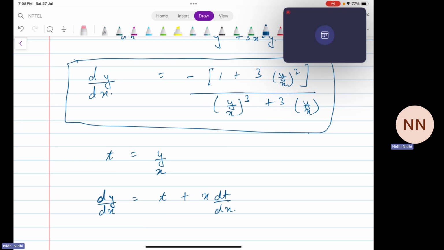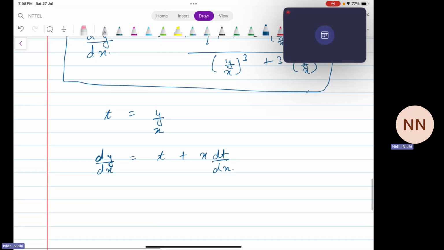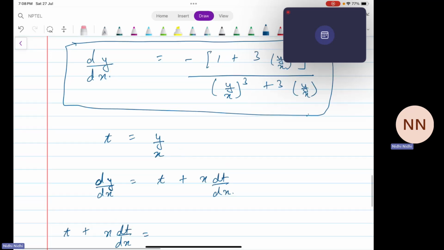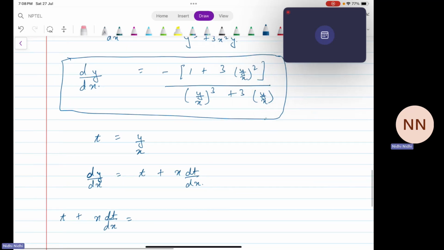Now putting the value of dy by dx from here to here, we get t plus x dt by dx is equal to minus (1 plus 3t square) upon (t cube plus 3t).